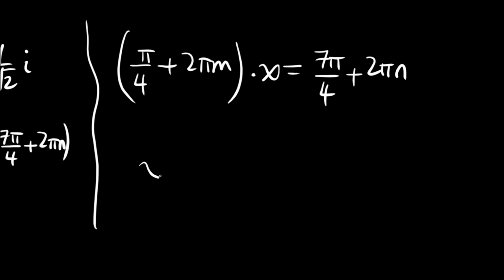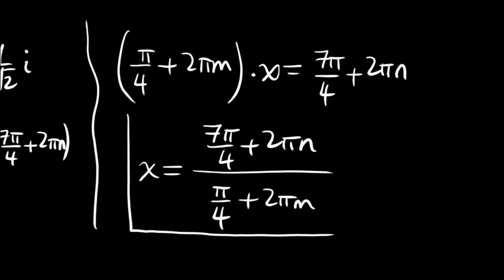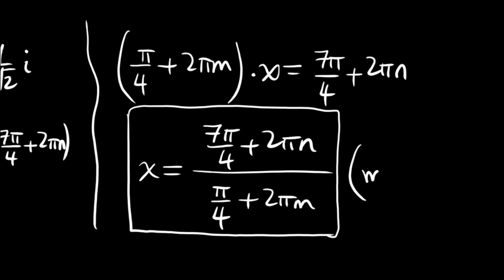So x is equal to (7π/4 + 2πn) divided by (π/4 + 2πm). And this m and n are any integers.